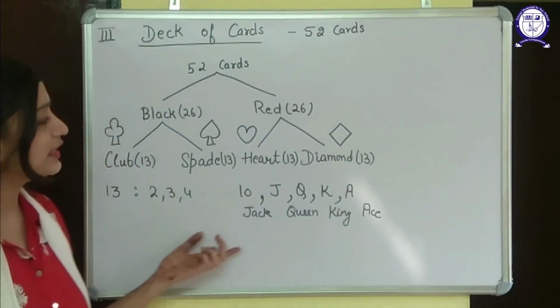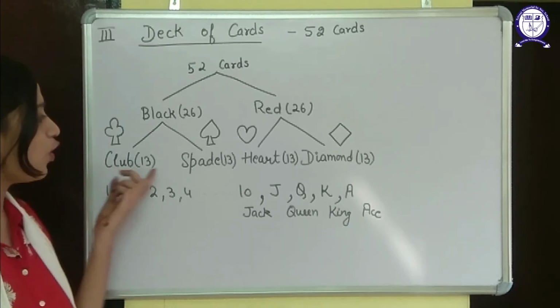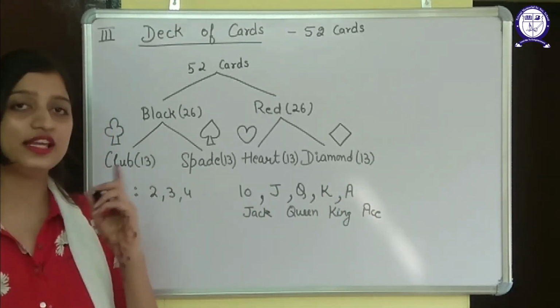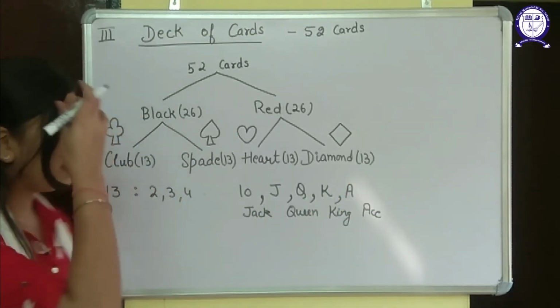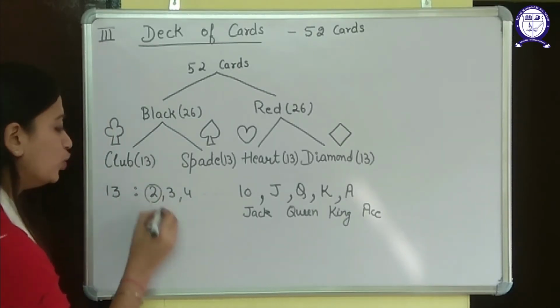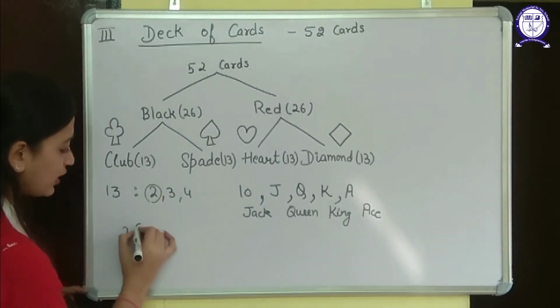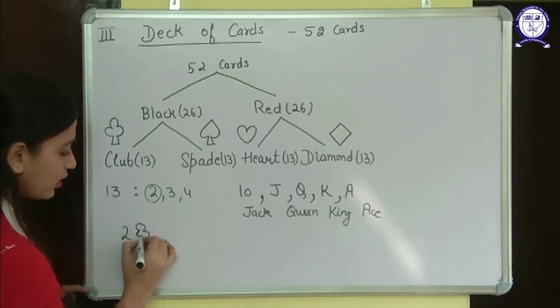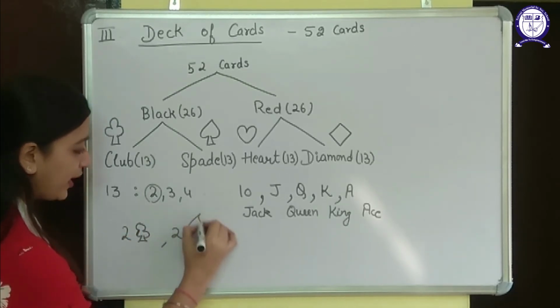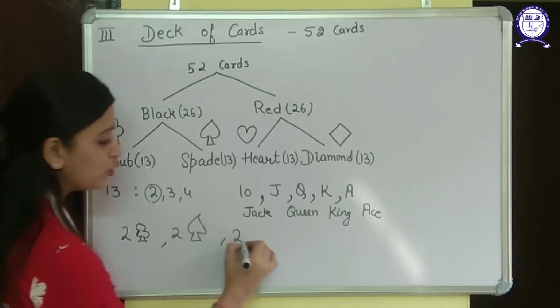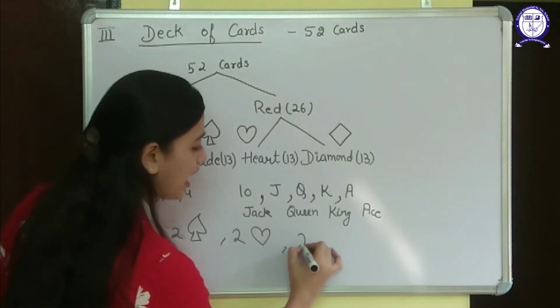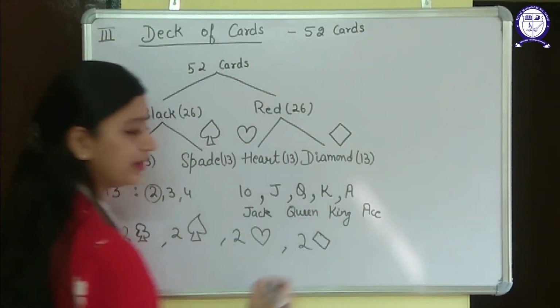Now these 13 cards are similar in all the suits, that is, each card repeats 4 times. If I take 2, I will have 2 of club, 2 of spade, 2 of hearts, and 2 of diamond.